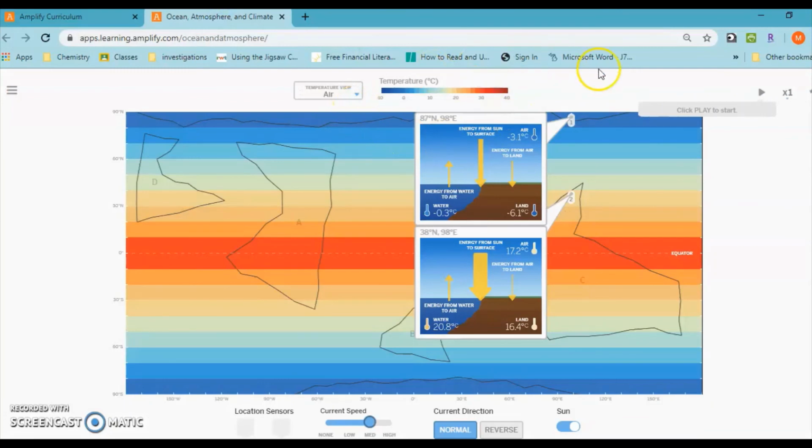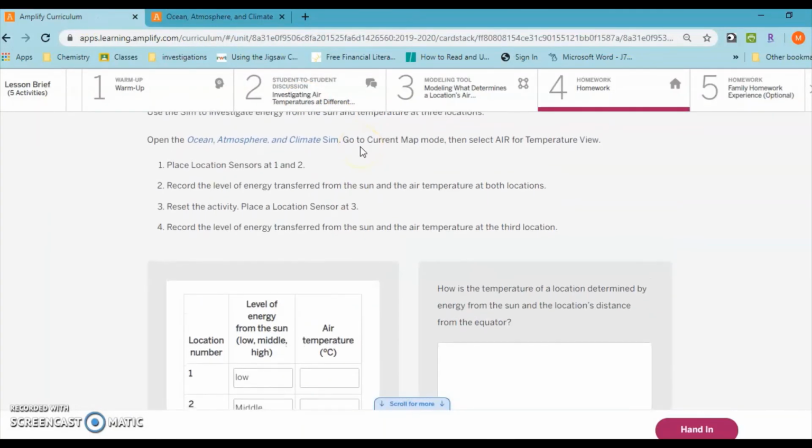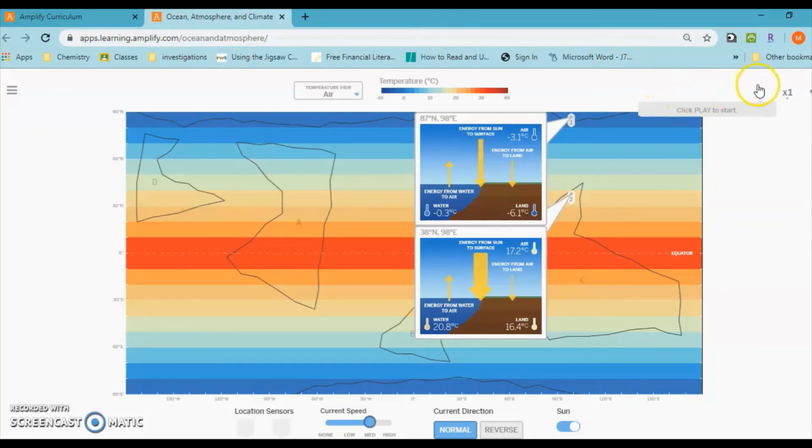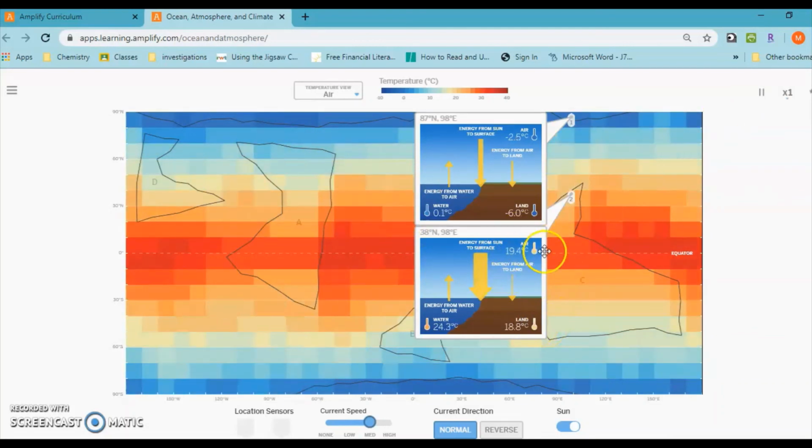So, make sure that we're recording the energy transfer from the sun and air temperature. So, let's put it. And remember, we let it play until these temperatures have reached equilibrium.